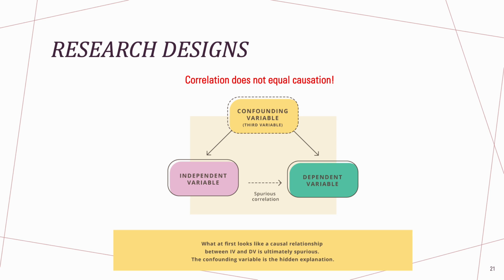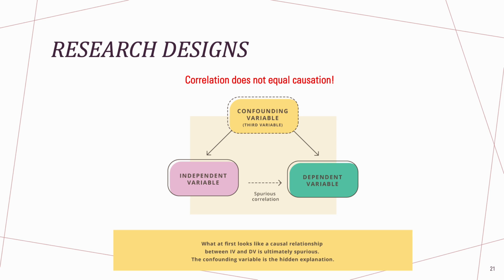And again, to illustrate this idea about correlation not being equal to causation, if we're looking at these two, the pink and the green variables, and we're saying these are associated with one another, we cannot necessarily say that this independent variable caused the dependent variable in a correlational design, because there could be some other third variable that actually explains it.